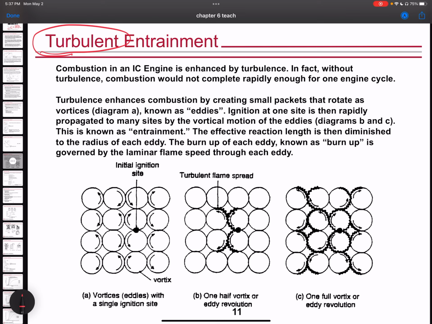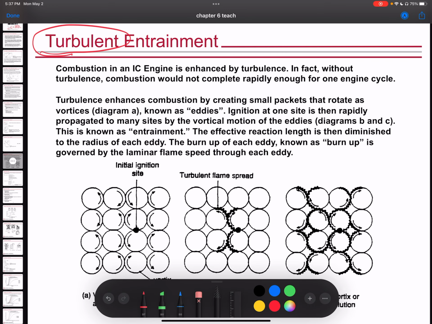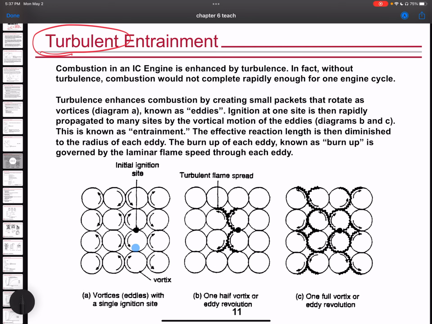So a good analogy that allows us to visualize this is the ink roller diagram that you see here in the bottom of your slide. You can basically see that you have a series of ink rollers. That's what each of these little circles represents. For just a moment, ignore that black dot that says the initial ignition site.